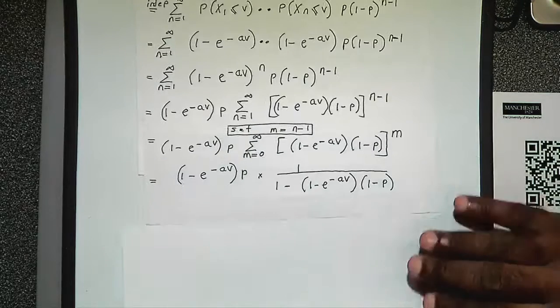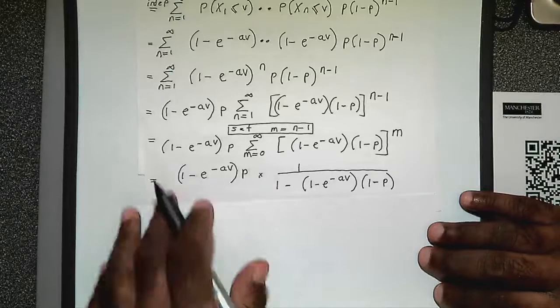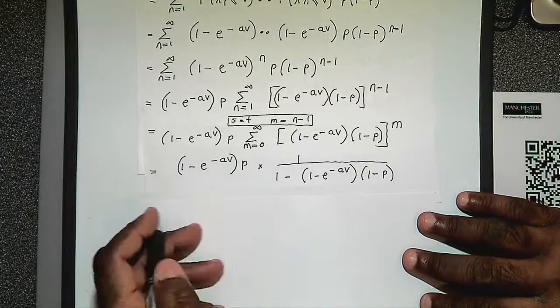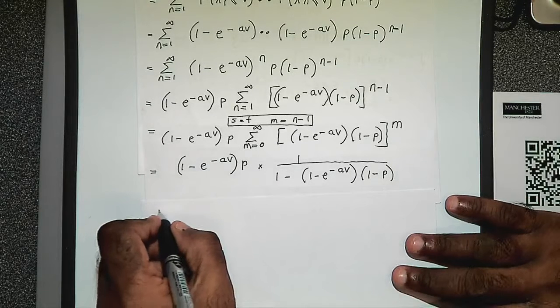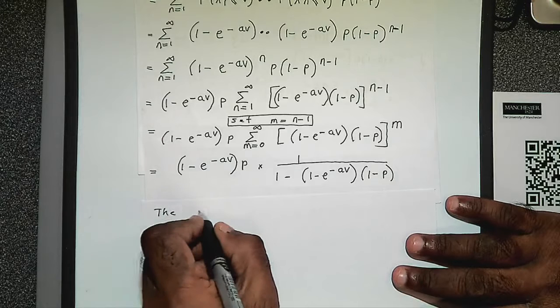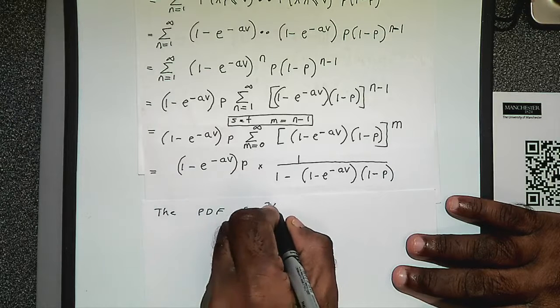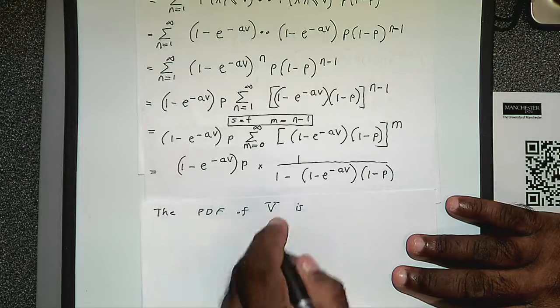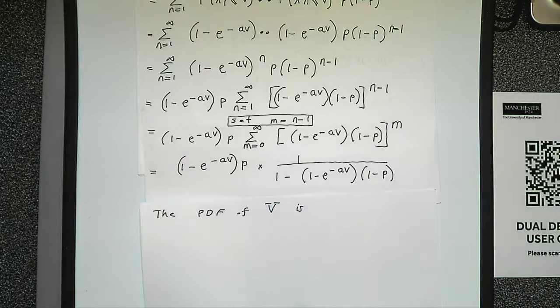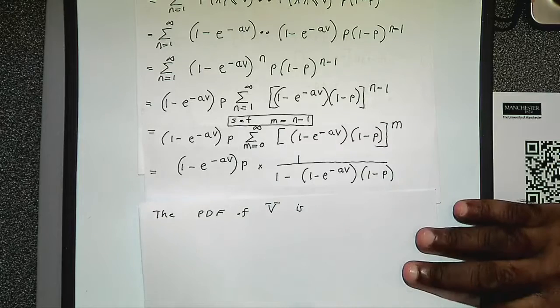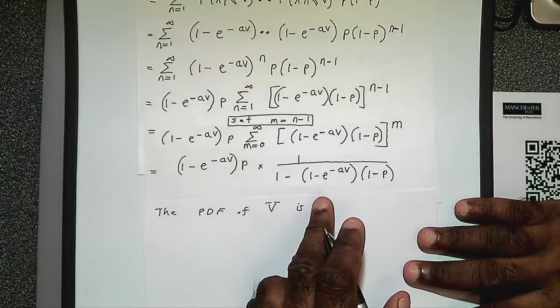is to find the PDF, right? So this is the CDF. The next is to find the PDF of V. You just use the quotient rule to differentiate this, right?